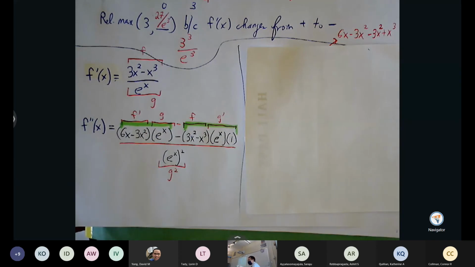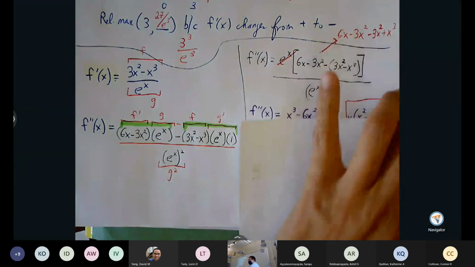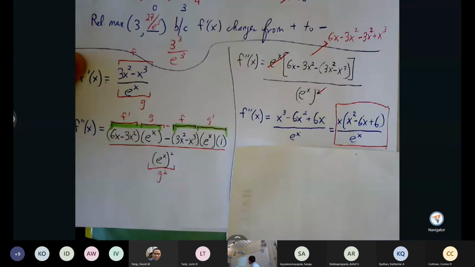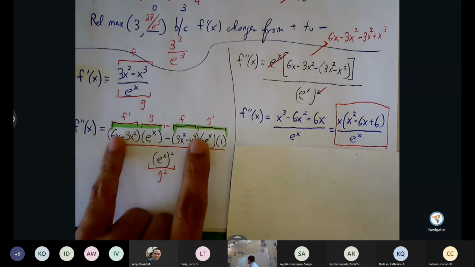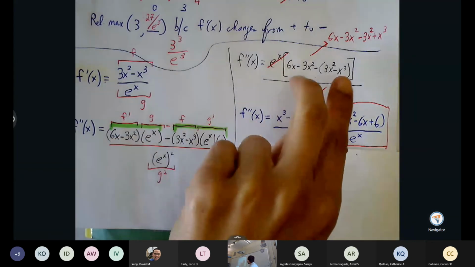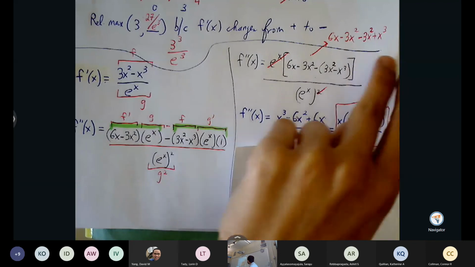If I can just factor e to the x out quickly, it may not be the full GCF process. I want to avoid rewriting e to the x so many times. But eventually, we do want to get it cleaned up so that we have a good place to look for critical points. Okay, so I factored e to the x out. I'm left with 6x minus 3x squared minus parentheses 3x squared minus x cubed. Combine those like terms, distribute the negative through.